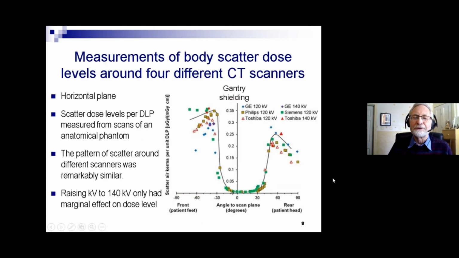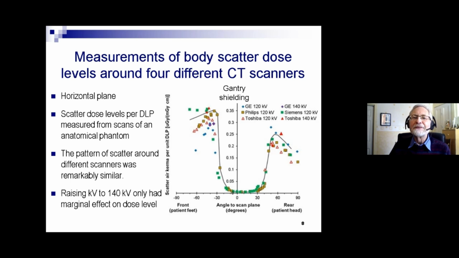So this is the sort of plot we got. This is the angle around the scanner in the horizontal plane. This bite out of the scatter here is caused by the gantry. And these are scatter dose levels per DLP measured from scans of an anatomical phantom.